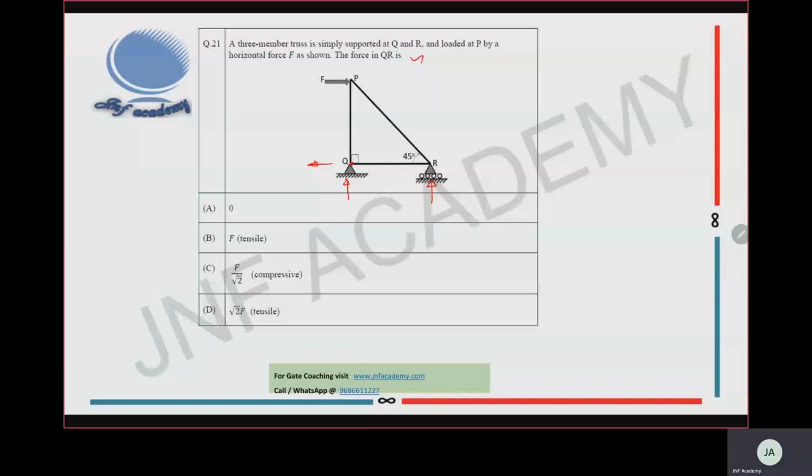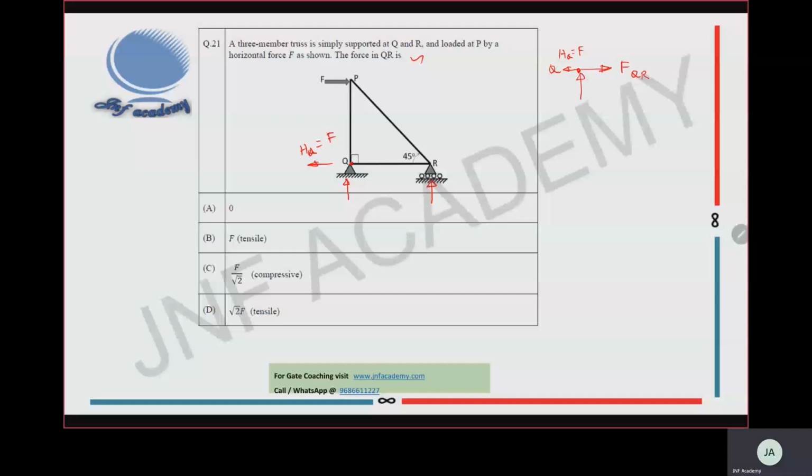Now, let me take Q horizontal is equal to F. Now, let me take the joint Q. Okay, if you see this joint Q, here we have a horizontal reaction which is also equal to F. Then this side you have a member force QR.